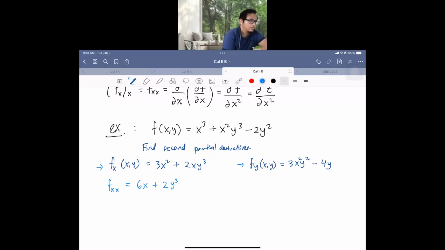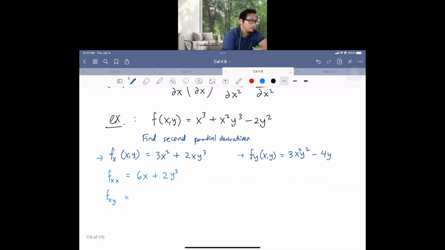And then if we derive with respect to y for this partial x, 3x squared becomes 0, so we'll have 6xy squared.